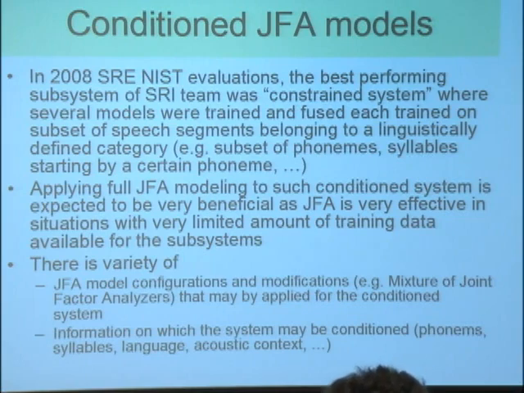So one system was trained only on frames representing a certain subset of phonemes, or only on syllables starting with a certain phoneme, or different constraints were applied. And at the end, they merged all these subsystems and got quite interesting performance.